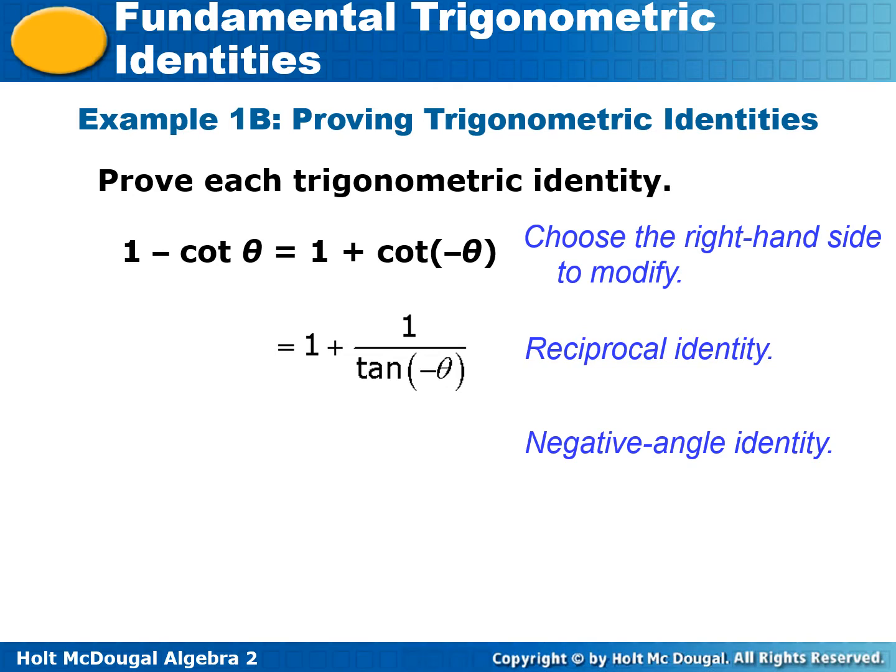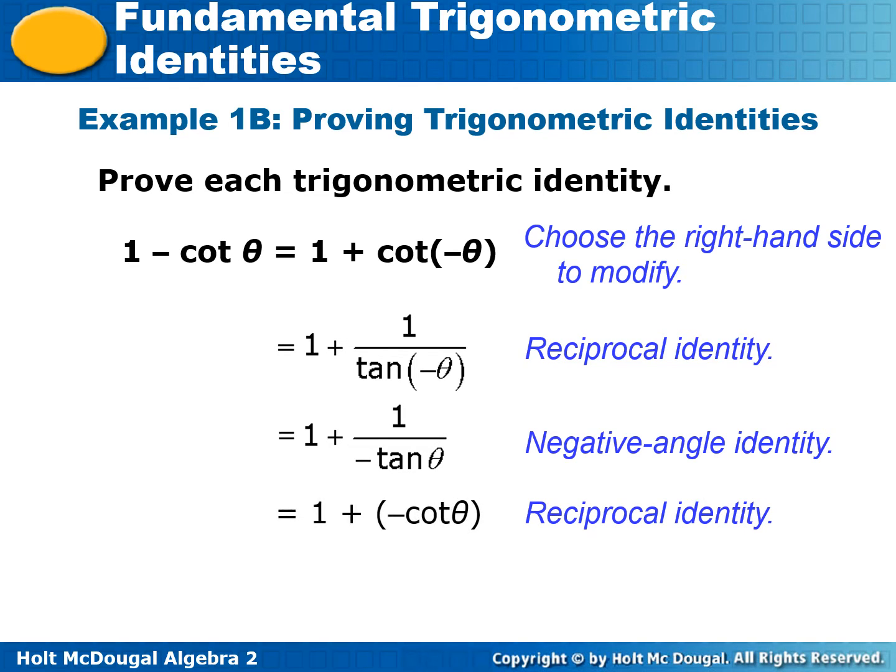With the negative angle identity, we have 1 plus 1 over negative tan theta. And from here, using the reciprocal identity, it is equal to 1 plus negative cotangent theta. Then simplifying, we have 1 minus cotangent theta.